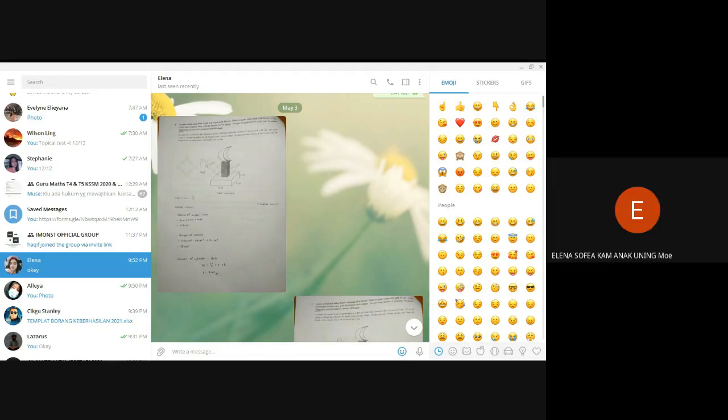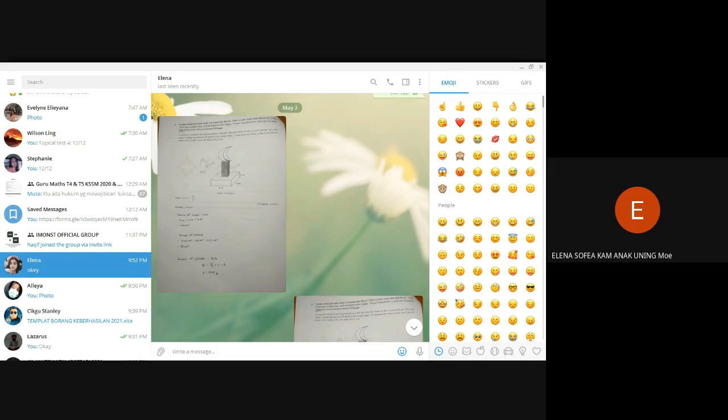So first, we find the volume of the medal base, which is 8 times 8 times 4 equal to 256 centimeter cube. Then we find the volume of the cuboid, which is the pillar in the middle. So we take 404 minus 60 minus 256 equal to 88 centimeter cube.